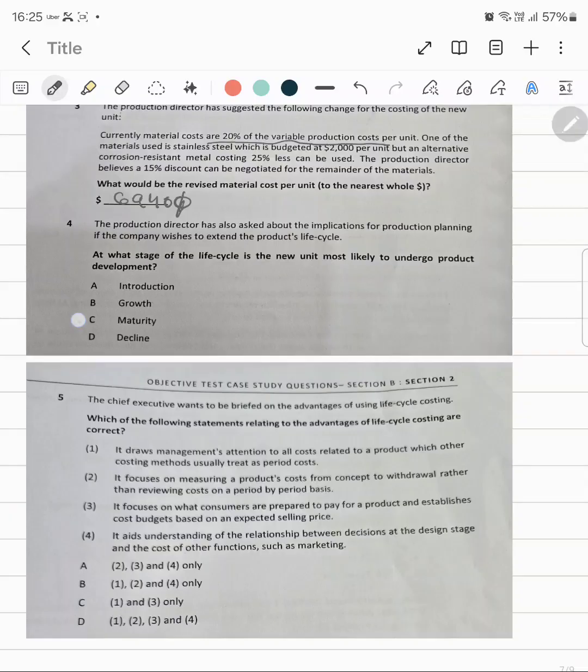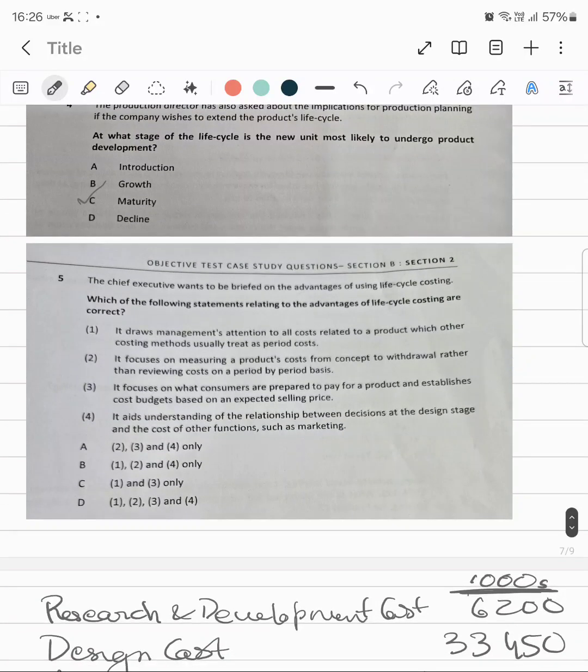Now I can say it is the maturity stage, because the demand would start declining after maturity, and then there would be a need to develop a new unit or a new variant.